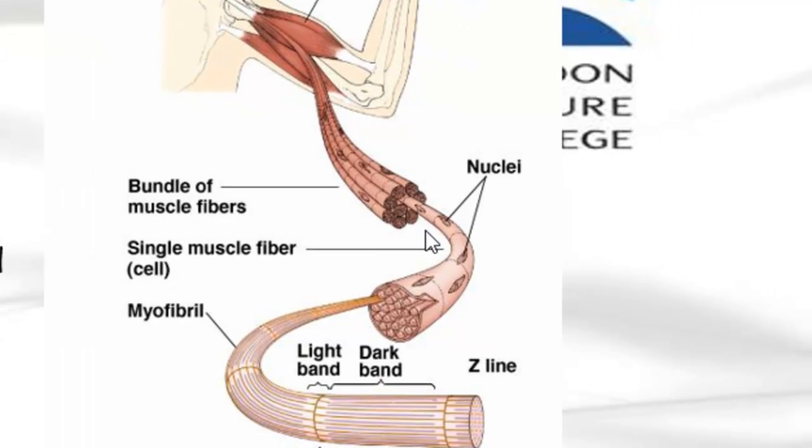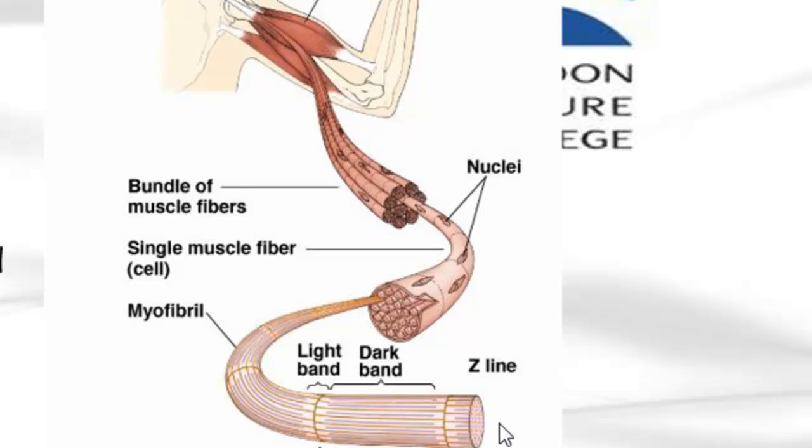And then the single muscle fiber consists of tiny myofibrils. Okay, and this is where the magic happens in terms of muscle contraction. So this myofibril is broken up into different sections, as you can see here, and these different sections are called sarcomeres.